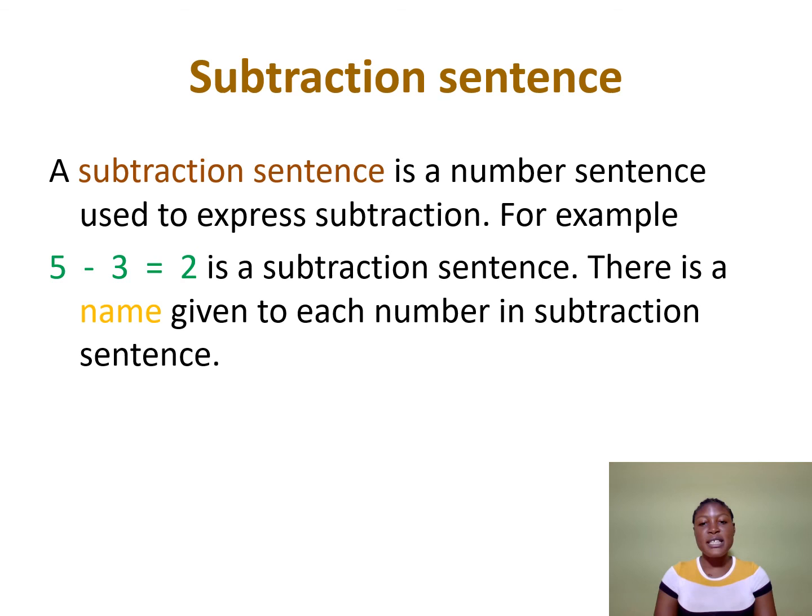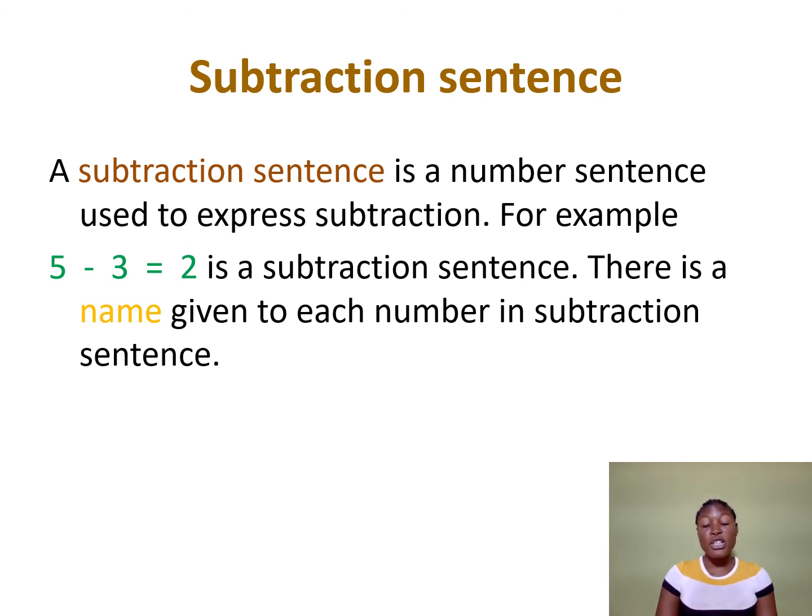For example, 5 minus 3 equals 2 is a subtraction sentence, because you see that a number has been taken out from another, which is giving you a remainder. So 3 being taken out of 5, giving you what? 2.